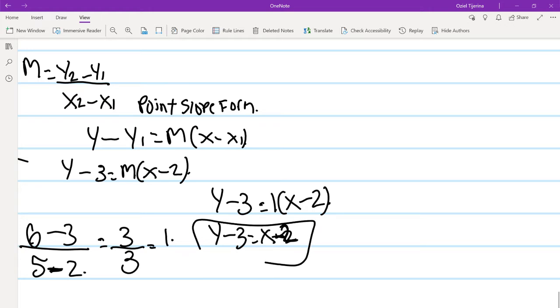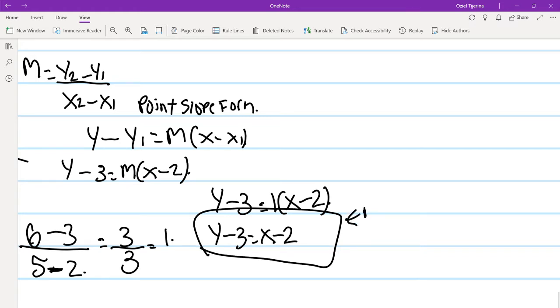And this would be how you would write it in point slope form.